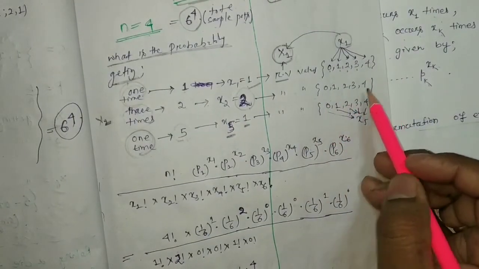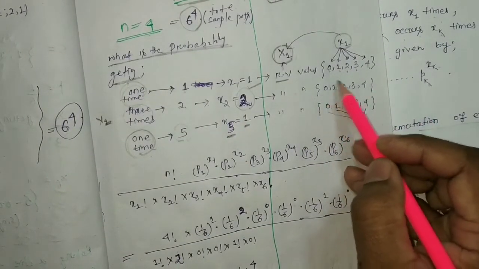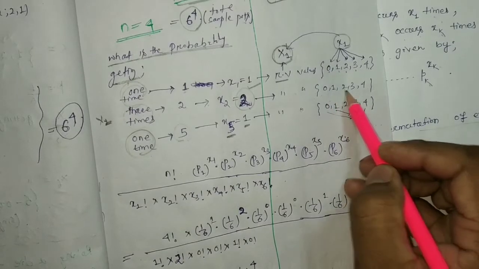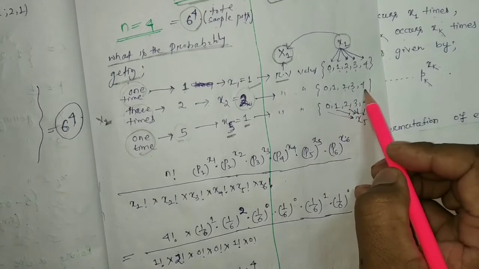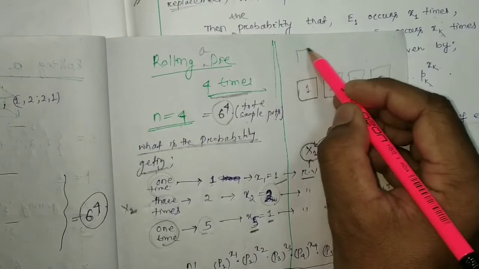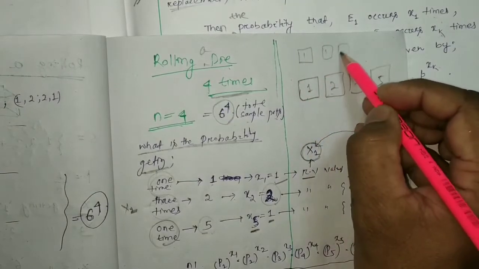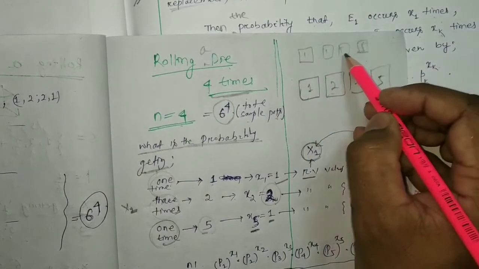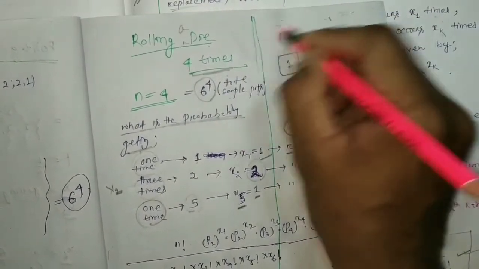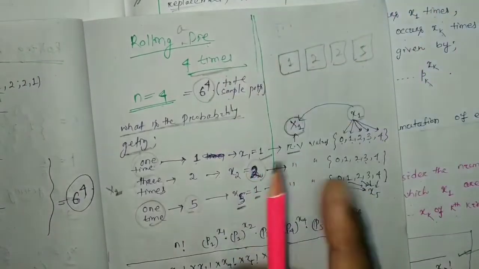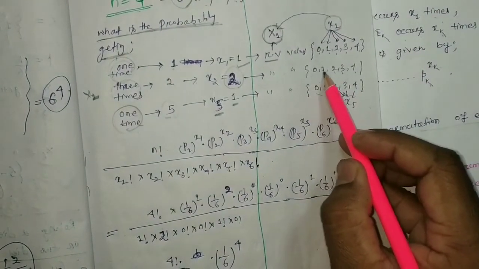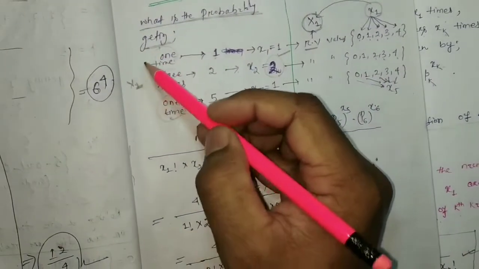That means 1 time I can get 2, 2 times, 3 times, 4 times, and 0 times also I can get 2. Maybe I can get like this, 1 1 5 5. That means 0 times 2, like this. Okay, so the values of the random variable for this problem are 0, 1, 2, 3, 4 for all the random variables.